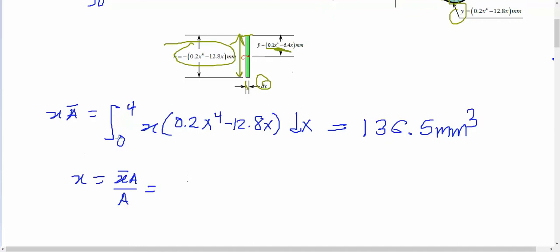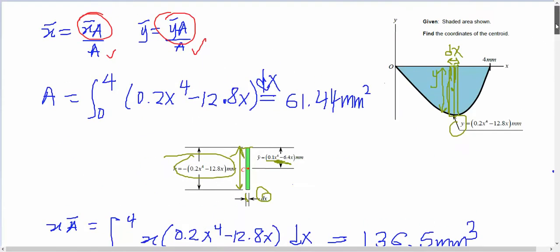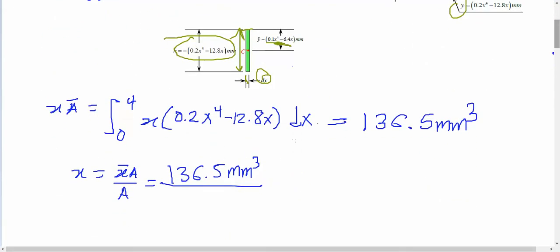And doing that we have 136.5 millimeters cubed divided by a. A initially was 61.44 millimeters squared, and that results to 2.22 millimeters. So that's for the x.